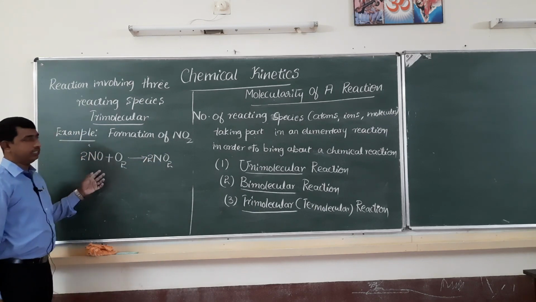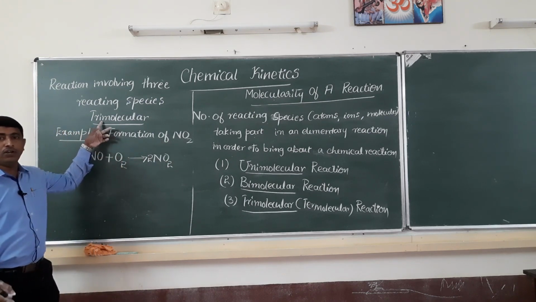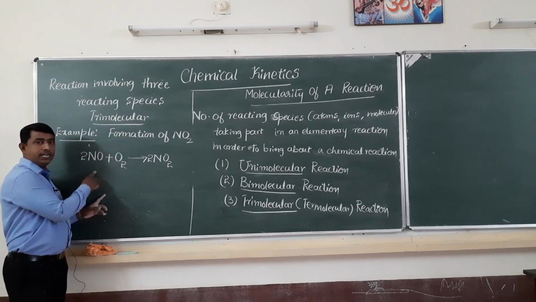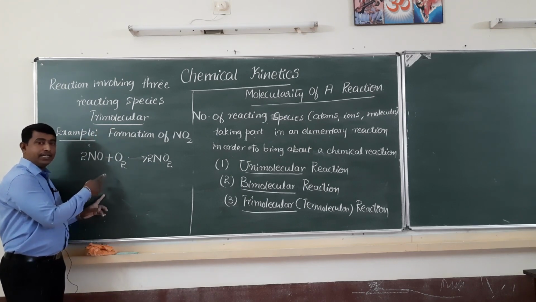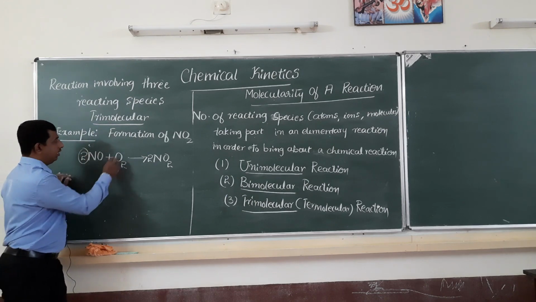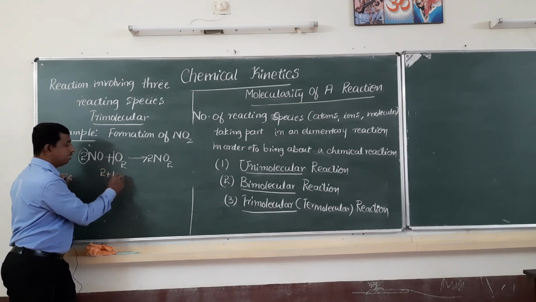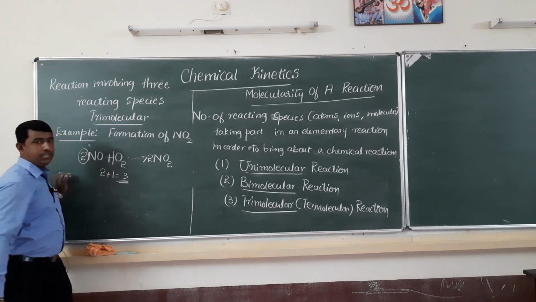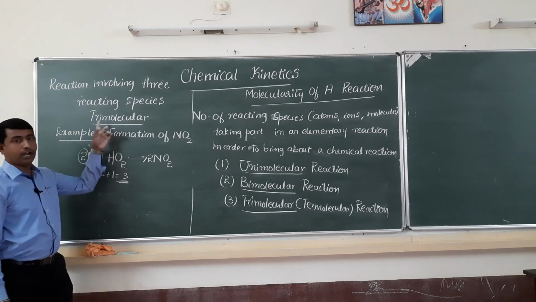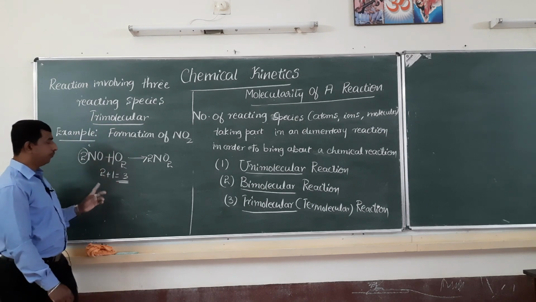So this reaction, that is formation of NO2, is an example for trimolecular or termolecular reaction, because this reaction contains three reactant molecules. Which are those? Two molecules of nitric oxide, one molecule of oxygen. 2 plus 1 is equal to 3. So totally 3 reactant molecules are present. So it is called as what? Trimolecular reaction or termolecular reaction.